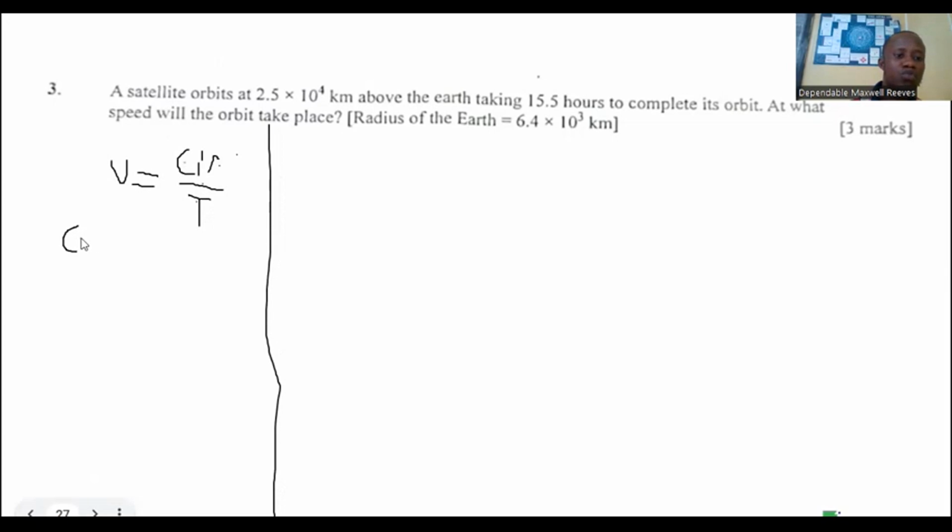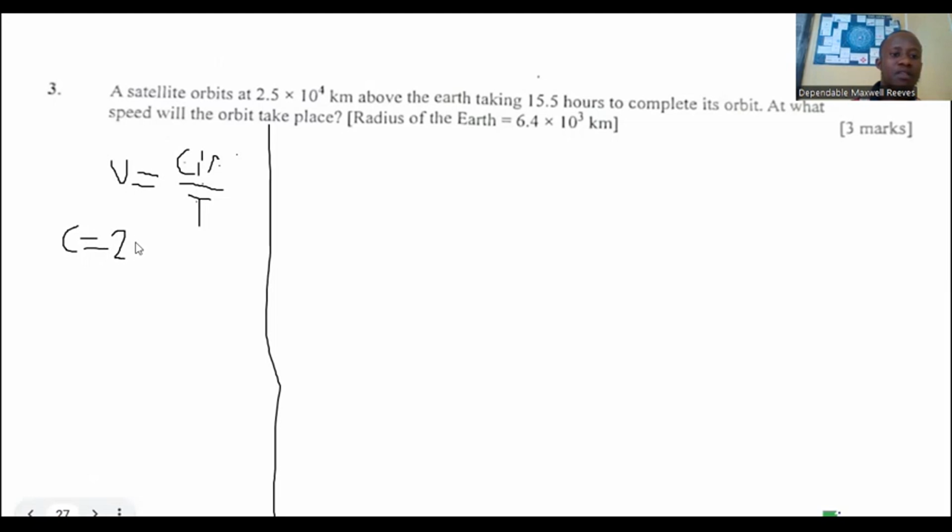Now, the speed of the orbit is given as V equal to the total distance covered by the satellite to complete one orbit, which is the circumference of the circle, all divided by the time or period taken to complete its orbit, T. We know that the circumference of a circle, C, is equal to 2 pi r.